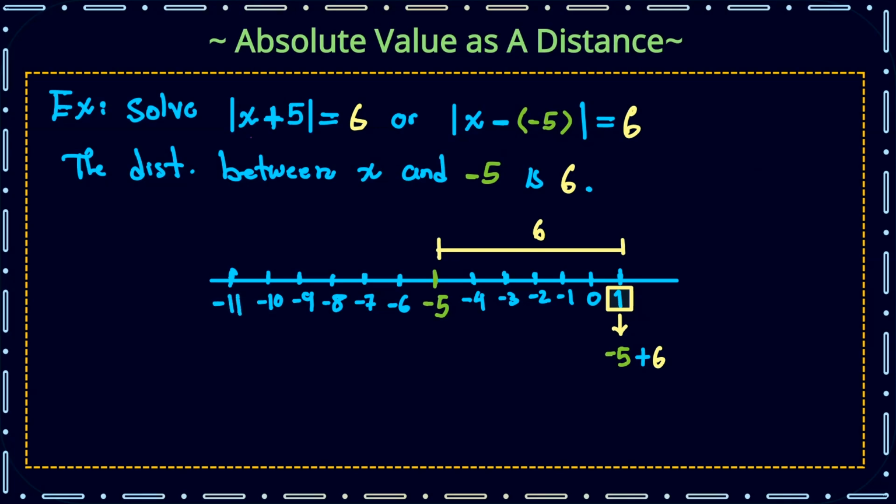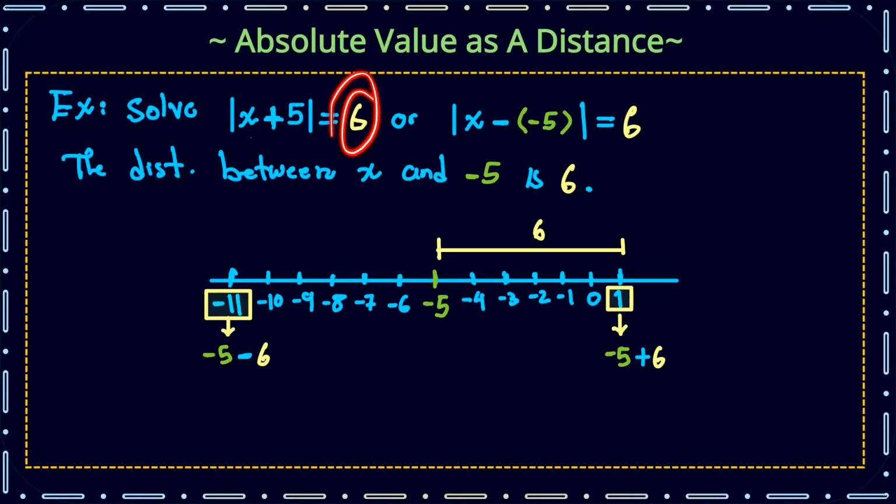That is the other solution. So how do we get to this negative 11? By counting, we can take our center of negative 5 and go back by a distance of 6.